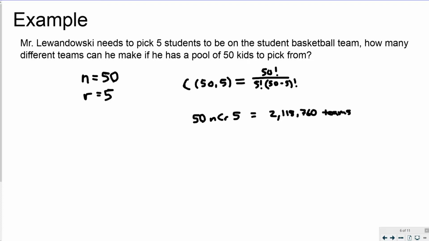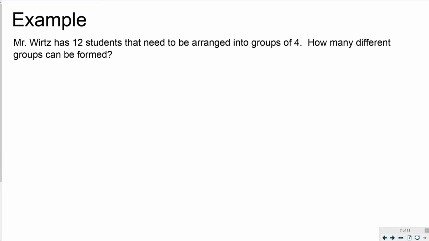Now, believe it or not, if we were to actually do this with permutations, the amount of teams would go up by a lot. So, first example, done.